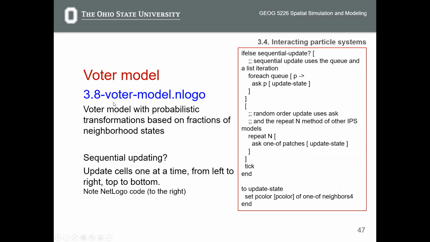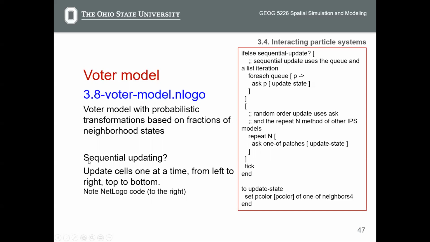3.8 in the model library is the voter model. It's a demonstration of the voter model in NetLogo, and it is a model with probabilistic transformations based on fractions of neighborhood states, which means here we still have beta instead of a fixed rate to decide if a cell is going to be alive after the next tick.